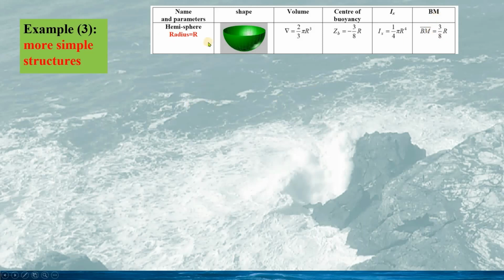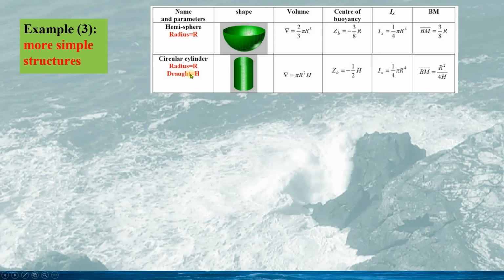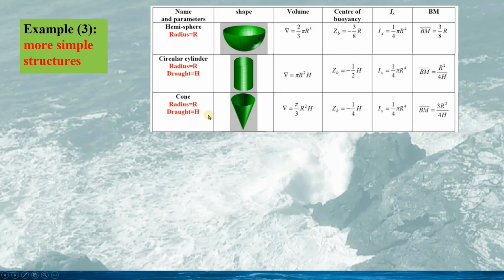The structures include the hemisphere, that's this, the circular cylinder with the radius r and the shaft h. So the values are given by this. The cone with the radius of r and the shaft h. So we have all these formulas.